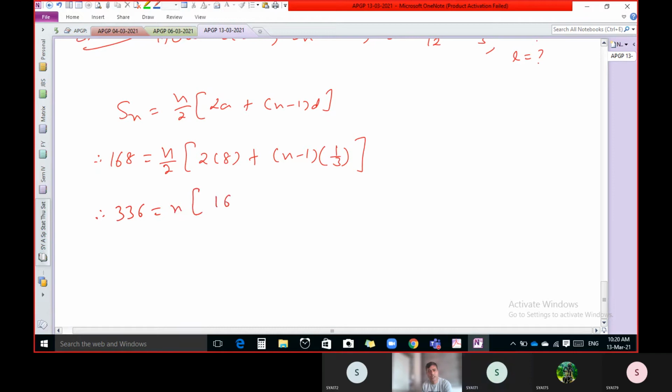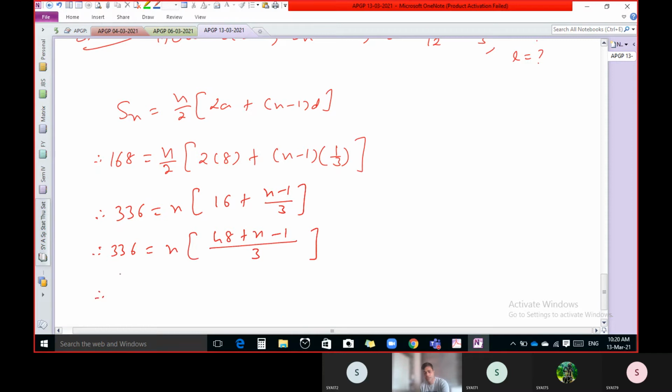Correct. This is 16, and this you can write as (n minus 1) upon 3. Take LCM 3: 16 into 3, 48, plus n minus 1. Take this 3 to the other side.